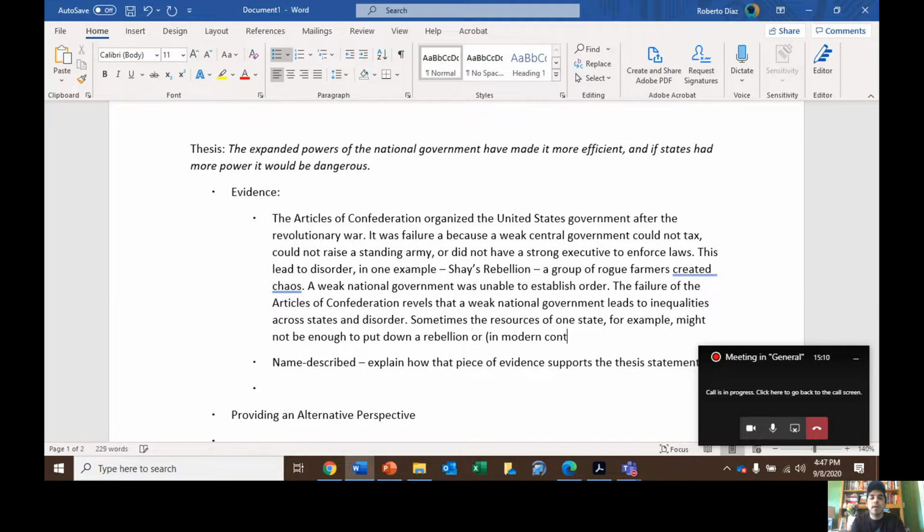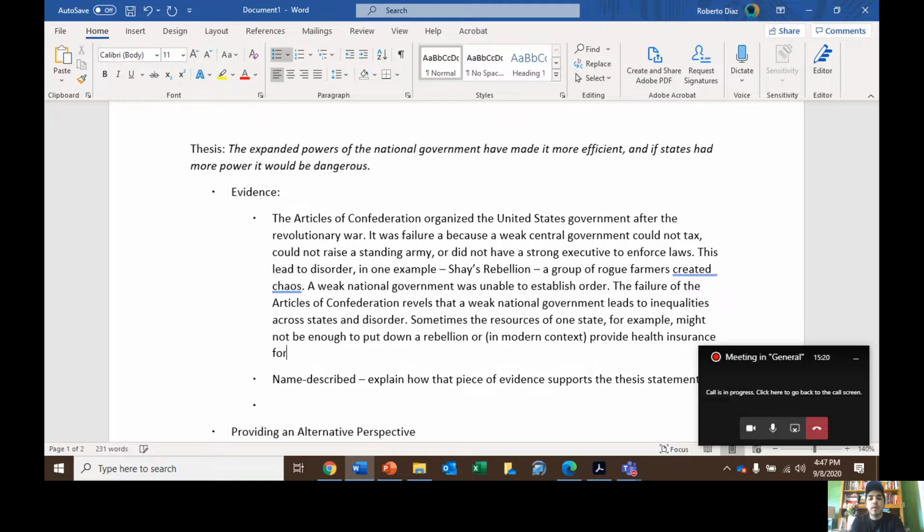in a modern context, we'll talk about Medicare and Medicaid later, which provide health insurance for the poor in Medicaid.